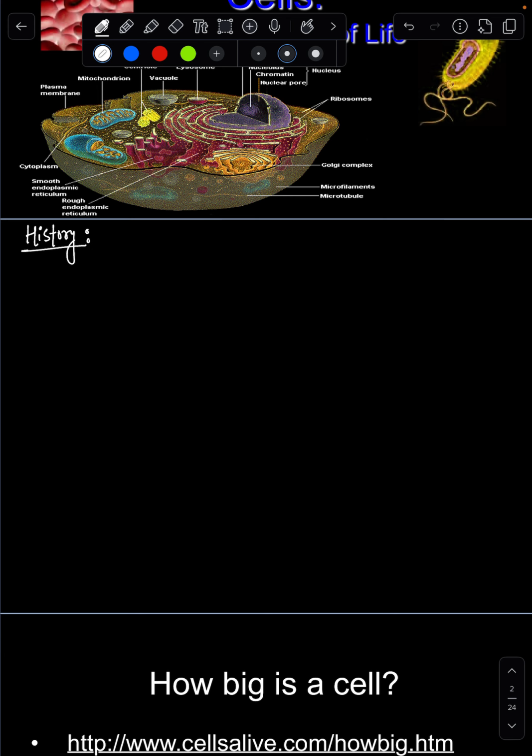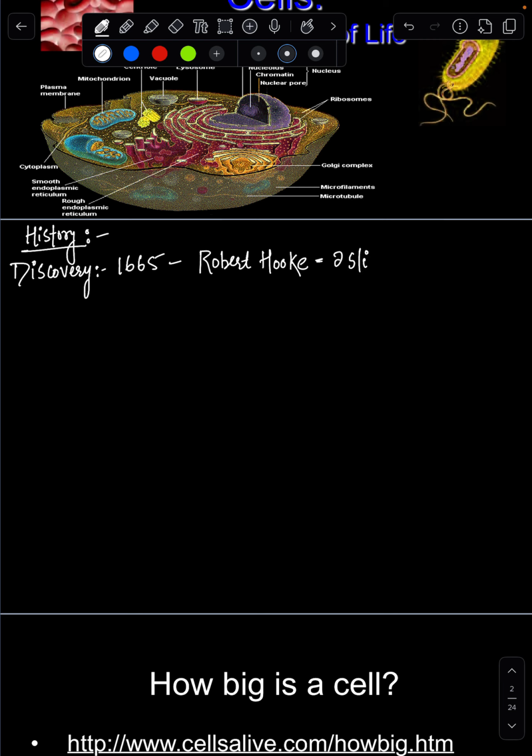In history, we will see the discovery part, where for the first time, in 1665, a scientist named Robert Hooke first discovered these cells in a slice of cork, where he named these minute compartments a little room, which in Latin is termed as cells.